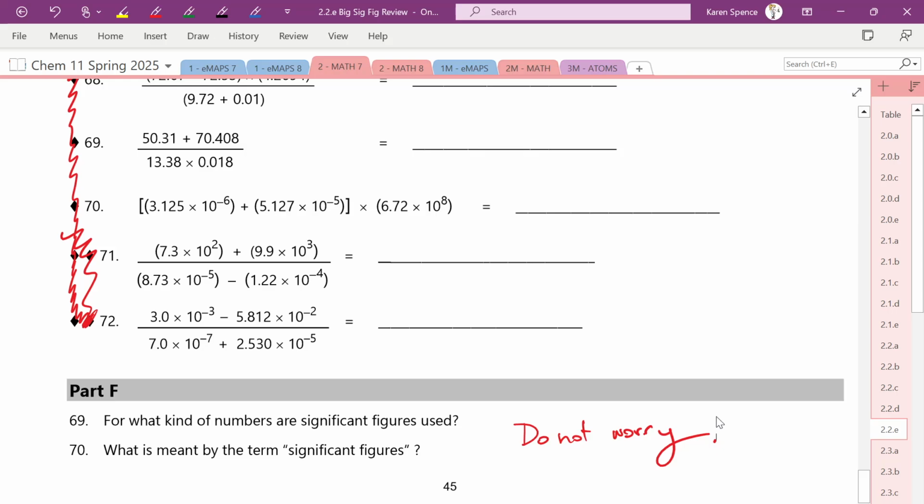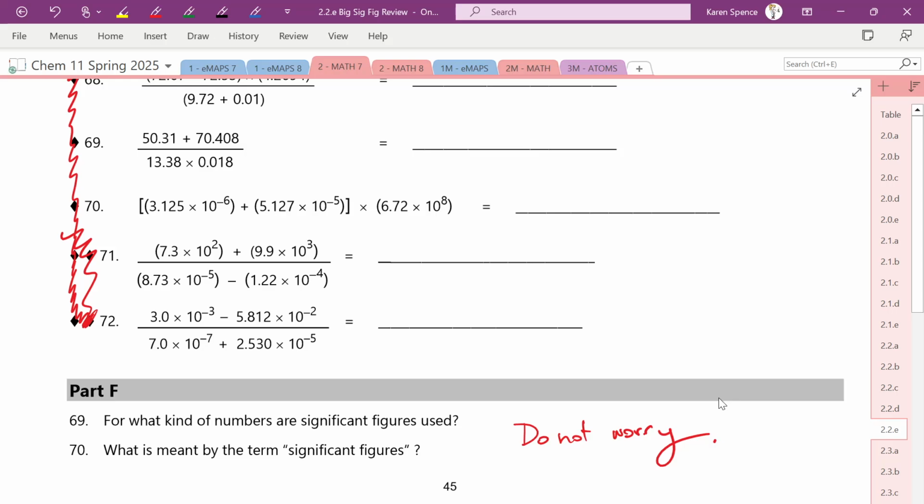Sig figs are used for measurements. What's meant by sig figs? All the certain digits plus one uncertain digit. That's it. But I'm not going to ask you that on your quiz. It's all calculations. You do not need to show any work. There is a space provided for rough work, but I'm not going to mark your work.